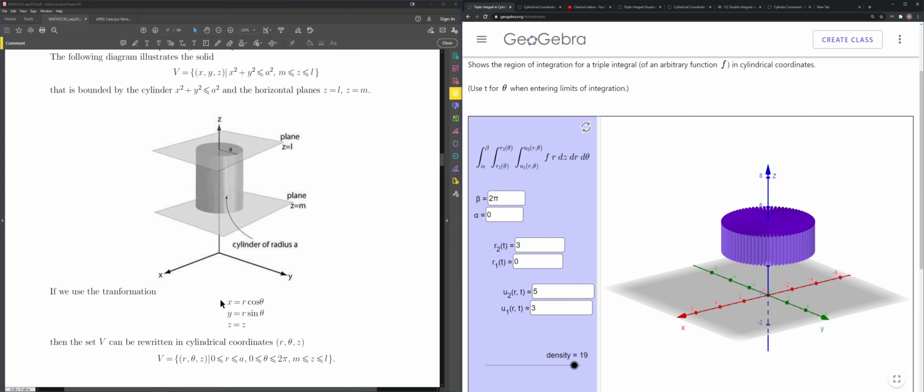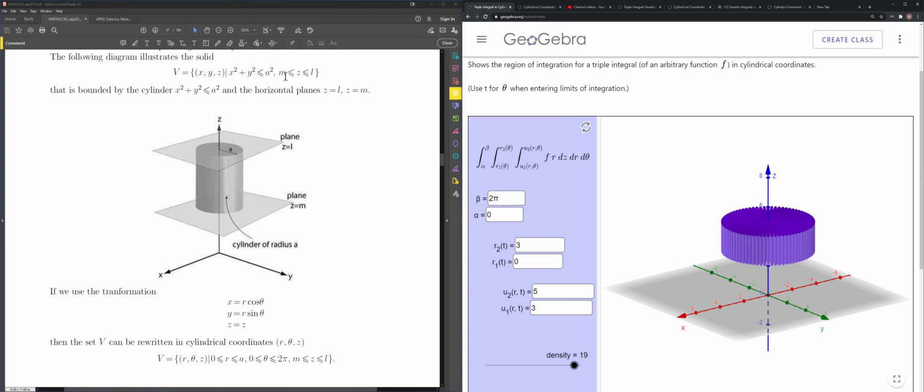Now we want to express it in cylindrical coordinates. As I said, in cylindrical coordinates r, theta, z, the z has the same meaning as in x, y, z. It's the same z.